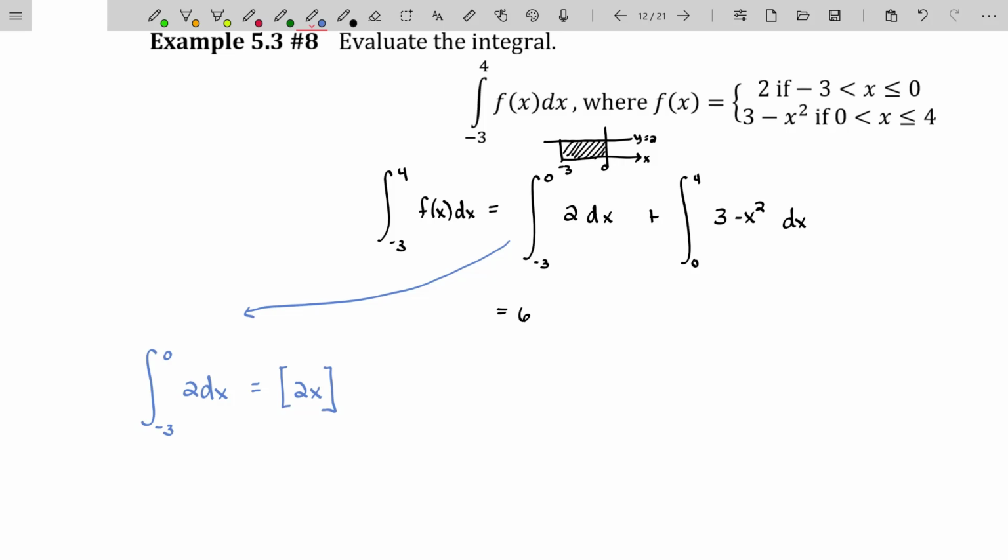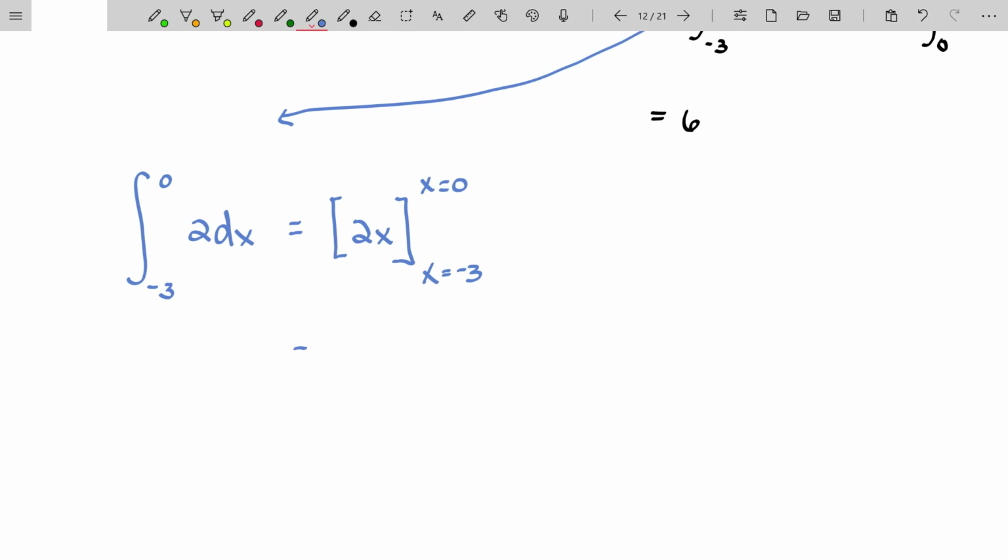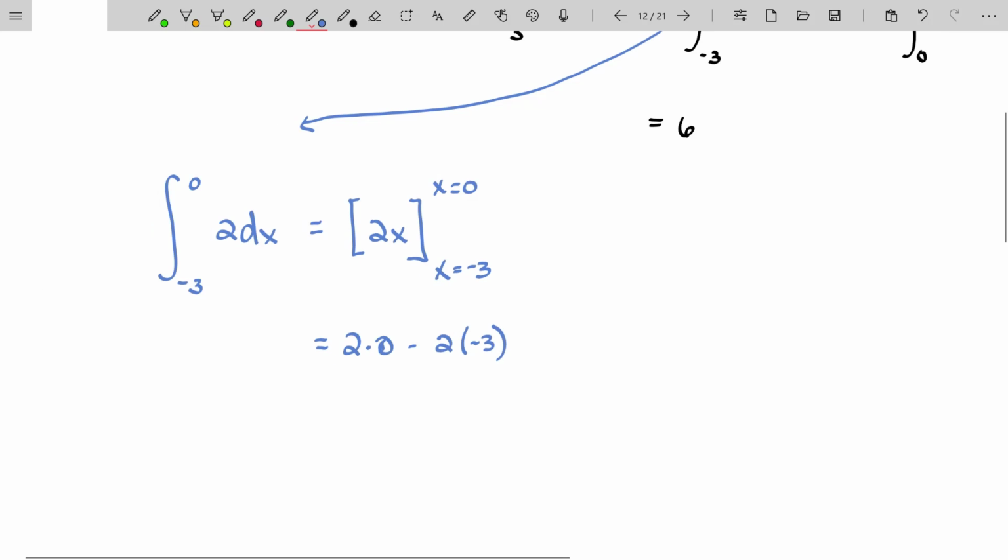And you're going to evaluate this from x equals -3 to x equals 0. And so to evaluate this, you'd plug in the upper limit, 2 times 0, minus 2 times plug in the lower limit, -3. And so you get 0 plus 6, or 6.